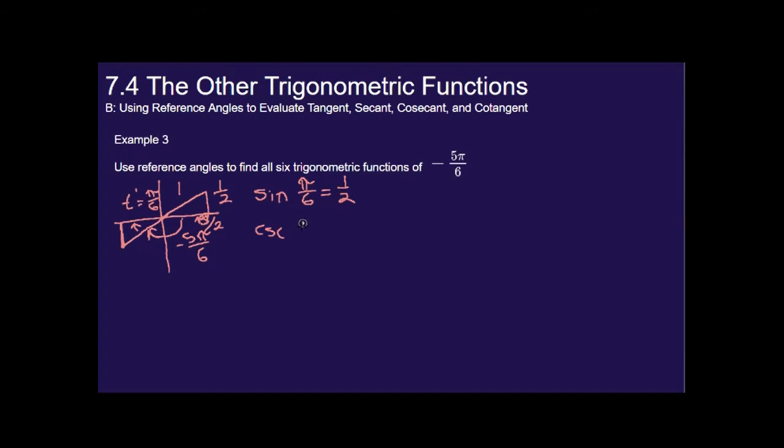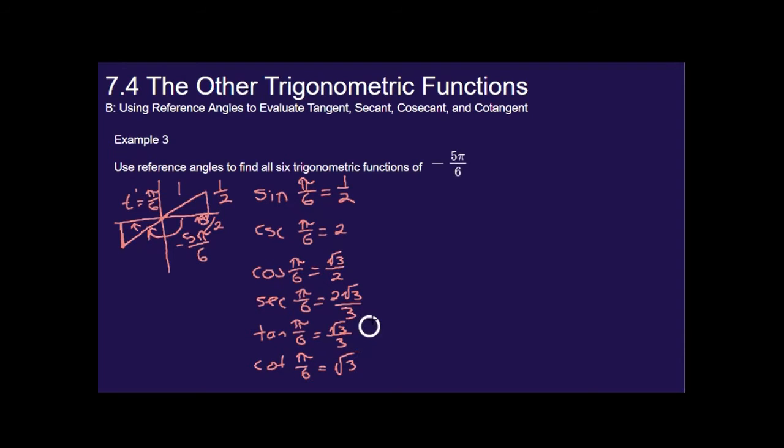Cosecant of pi over 6 is equal to 2, because it's the reciprocal. Cosine of pi over 6 is equal to square root of 3 over 2. Secant of pi over 6 is equal to 2 square root of 3 over 3. Tangent of pi over 6 is equal to square root of 3 over 3. And cotangent of pi over 6 is equal to square root of 3.